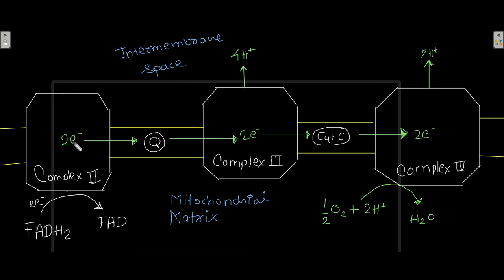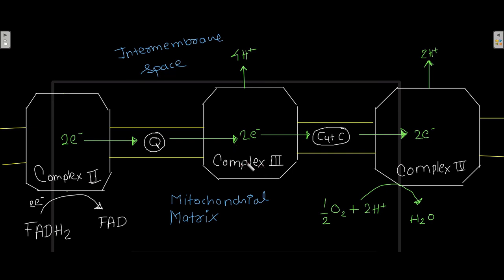From complex 2 the electrons go to coenzyme Q, from coenzyme Q to complex 3, and from complex 3 to cytochrome C. In this transfer there is proton pumping and 4 protons are pumped from the mitochondrial matrix to the intermembrane space. This is happening at complex 3.